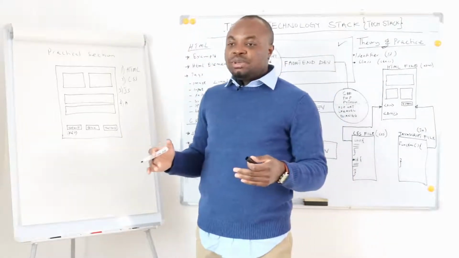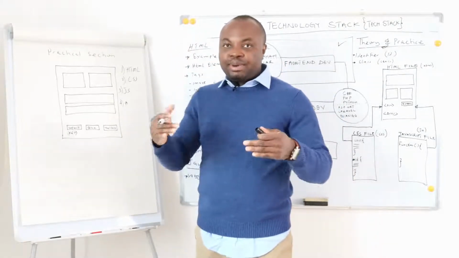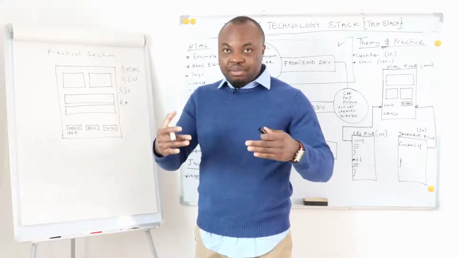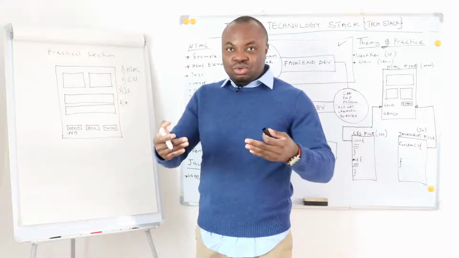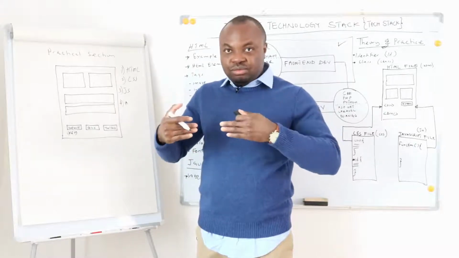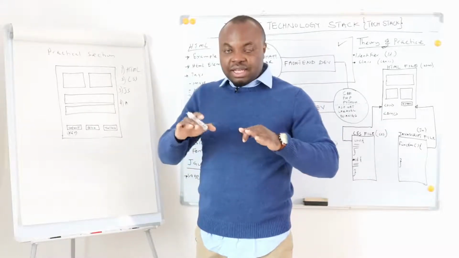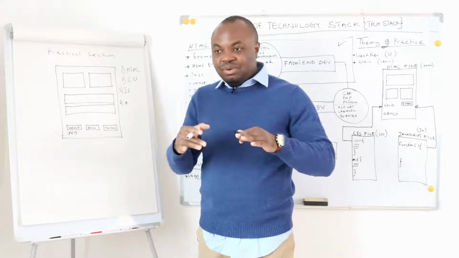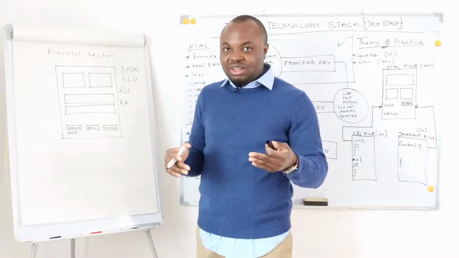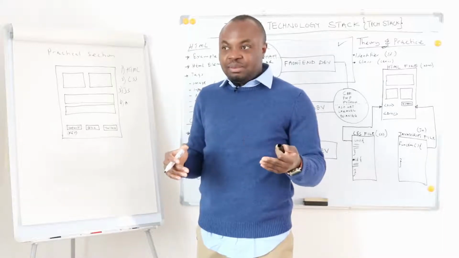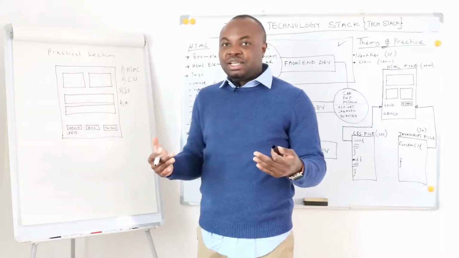A framework is basically a pre-made software that you can use to build upon to achieve what you want to do. So it's kind of like a prefabricated software. Let's put it that we understand the concept of prefabrication, like prefabricated houses.